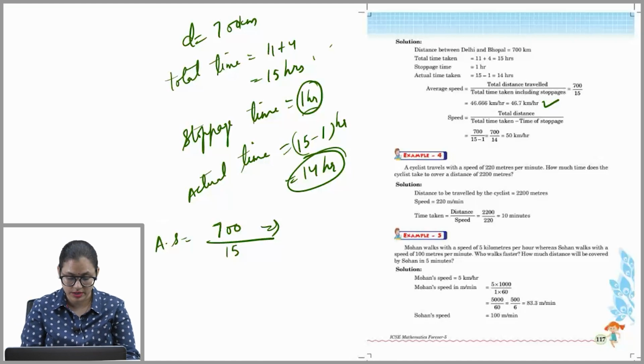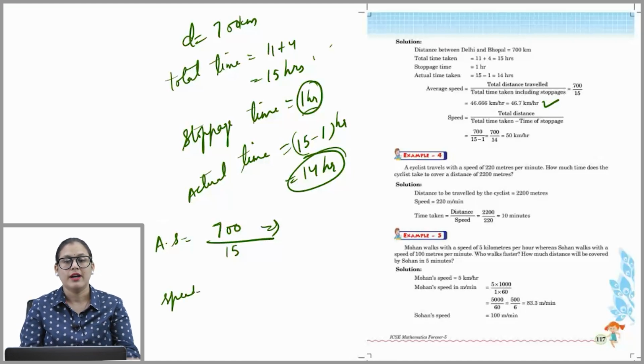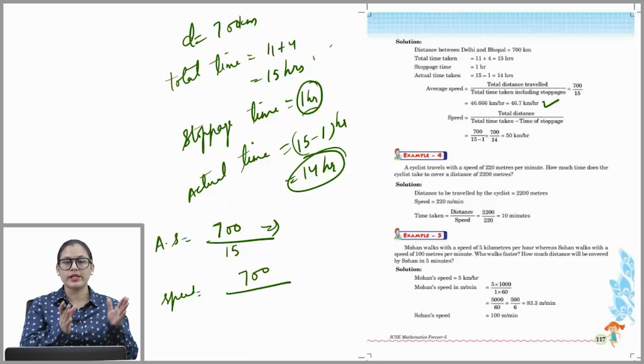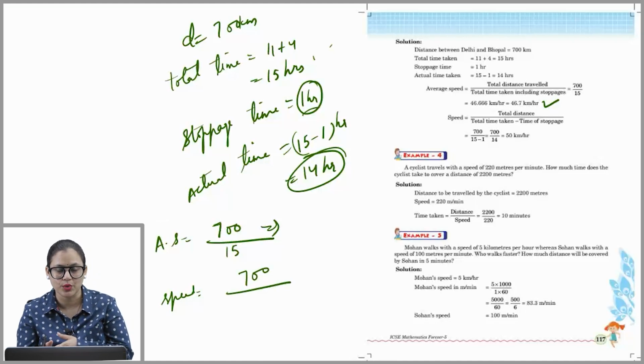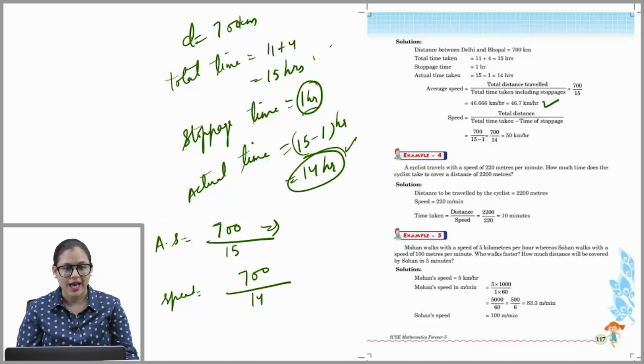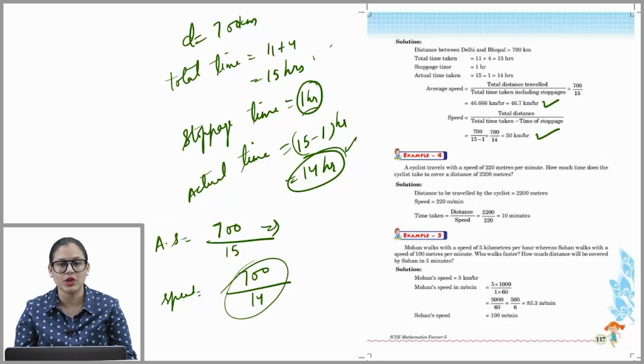Now we have to find the speed. Speed is total distance, which is 700, upon total time taken minus time of stoppage, which is 14 hours. After dividing this, you will get 50 kilometers per hour. Right, students? Similarly, you will do other examples also.